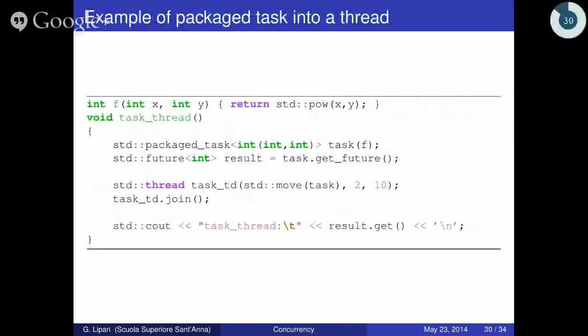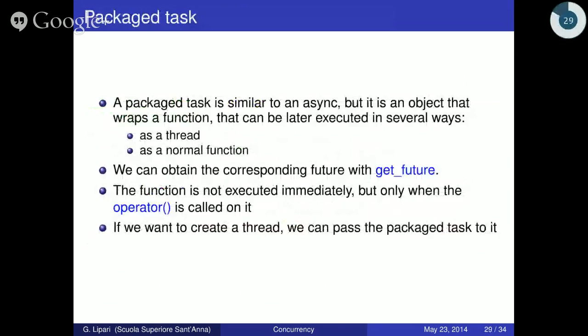Another mechanism, a little bit lower level, is called packaged task. Packaged task is similar to an async, but it is an object that wraps a function that can be later executed in several ways, as a thread or as a normal function. And every packaged task, as always, is associated with a future, and you can obtain the future with the function get_future.